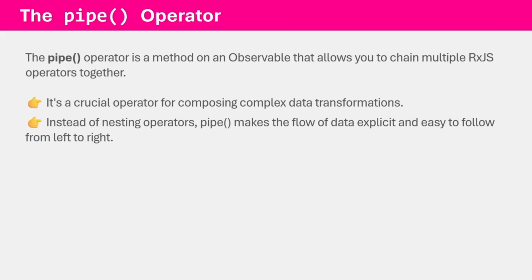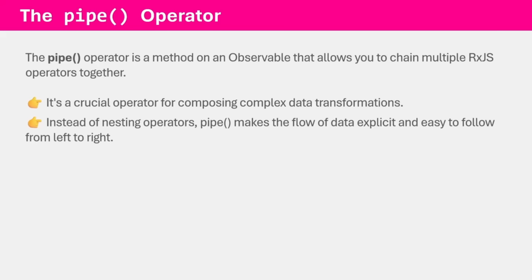So we use the pipe operator when we want to chain multiple RxJS operators together. And it is one of the most important operators for composing complex data transformation. So instead of nesting operators, pipe makes the flow of data explicit and easy to follow from left to right.